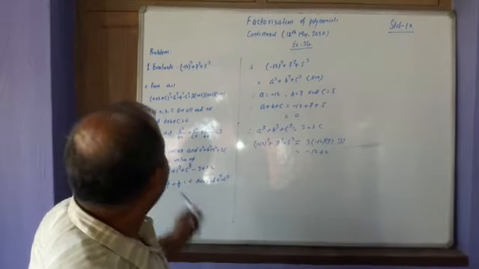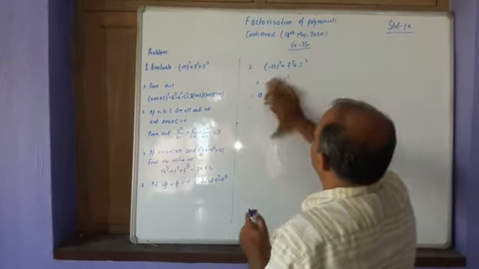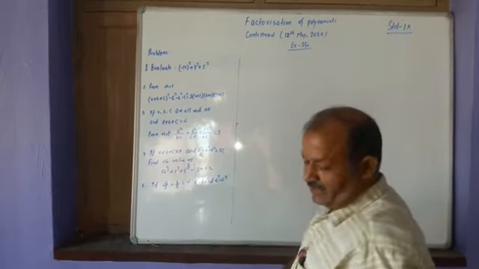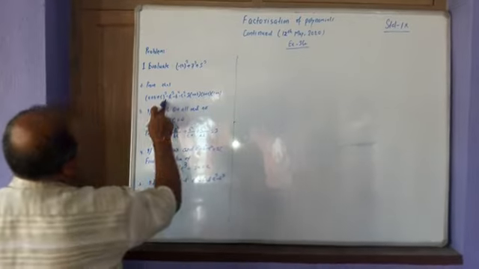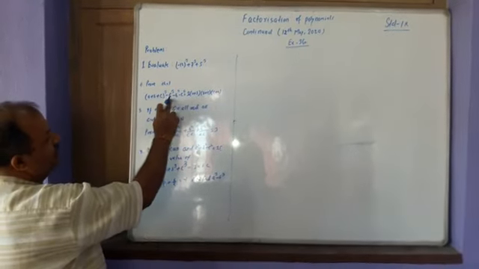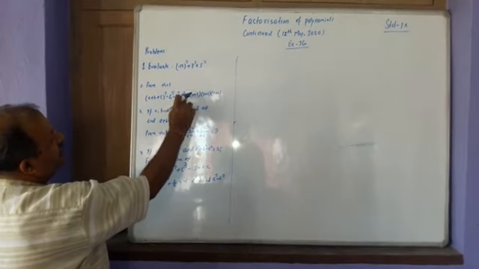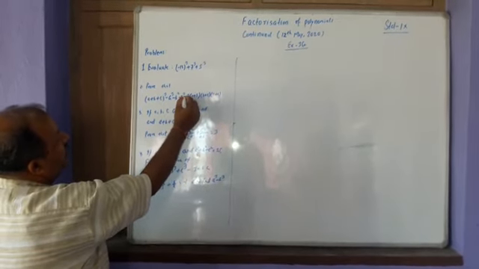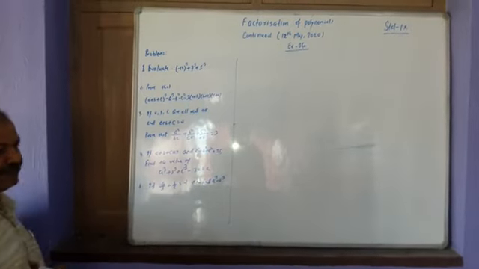Now we have to prove another problem: a plus b plus c whole cube minus a cube minus b cube minus c cube is equal to 3 into a plus b, b plus c and c plus a.